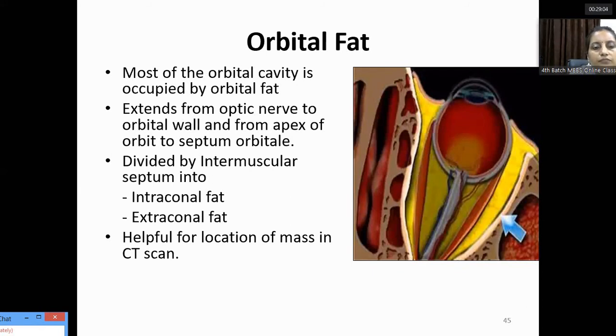Orbital fat: most of the orbital cavity is occupied by the orbital fat, which extends from the optic nerve to the orbital wall and from the apex of the orbit to the periorbita. It's divided into intraconal fat and extraconal fat. So it helps in localizing the mass on the CT scan.